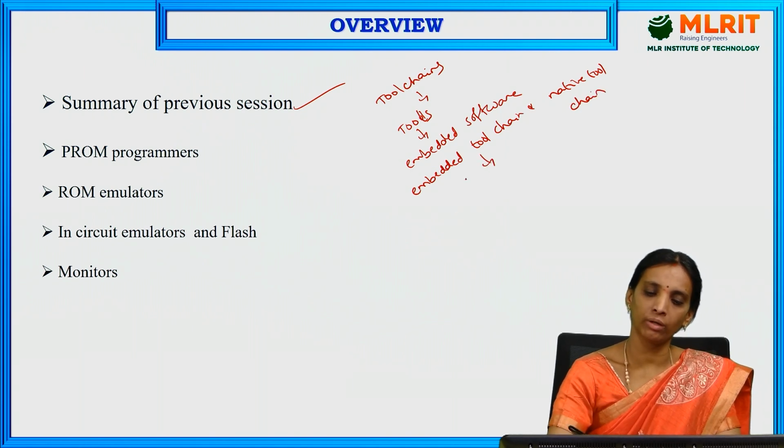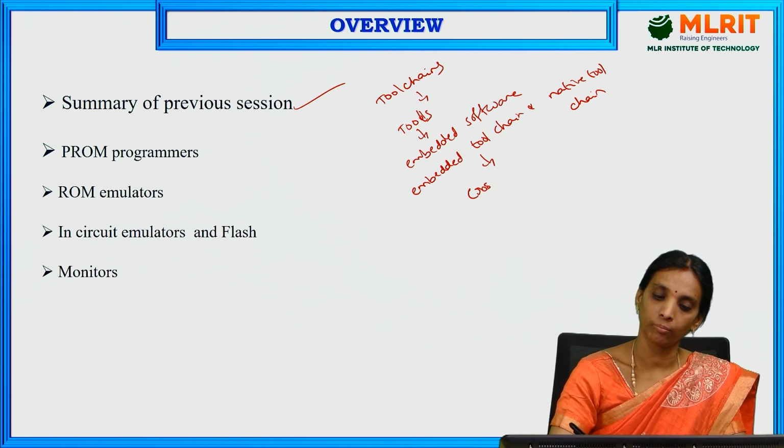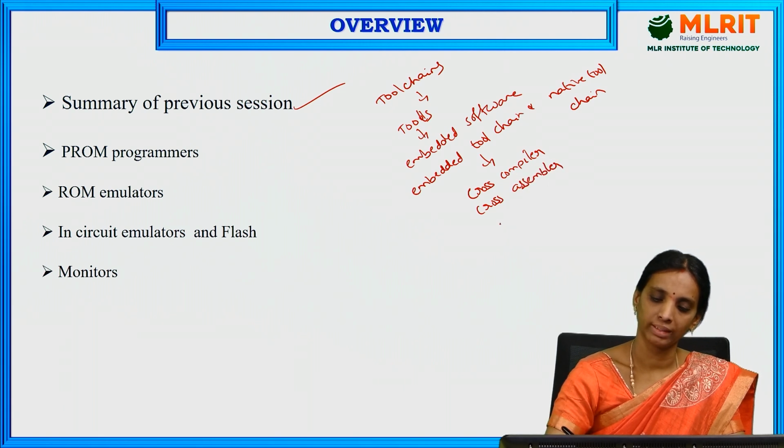In the embedded tool chain, we have the cross compiler, cross assembler, linker, and loader.